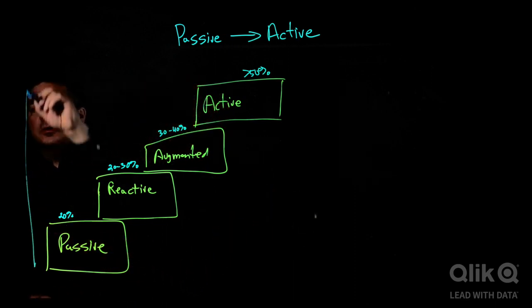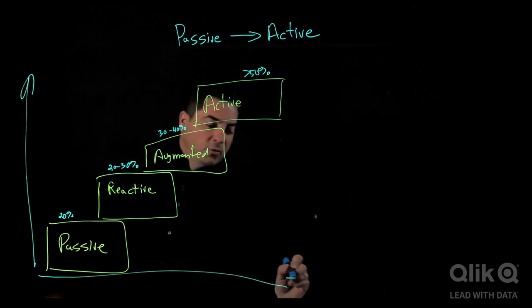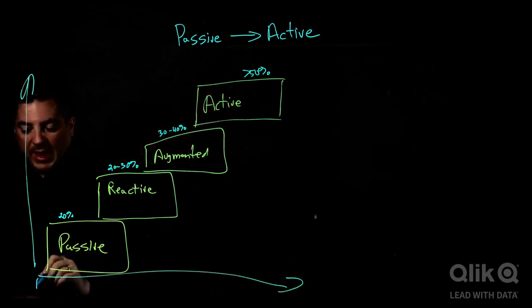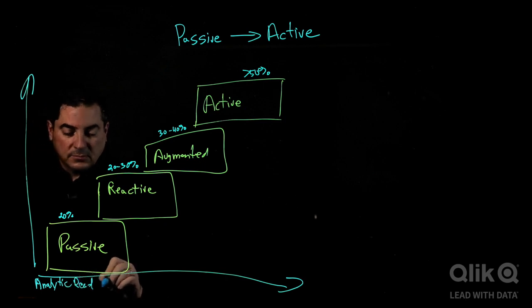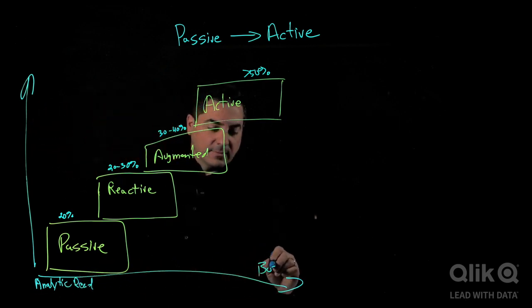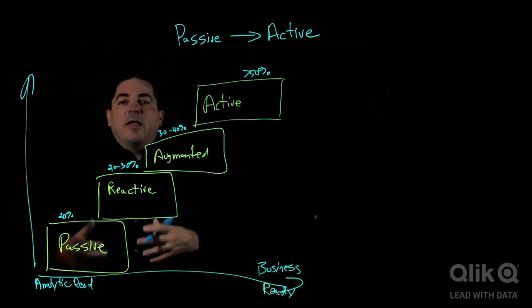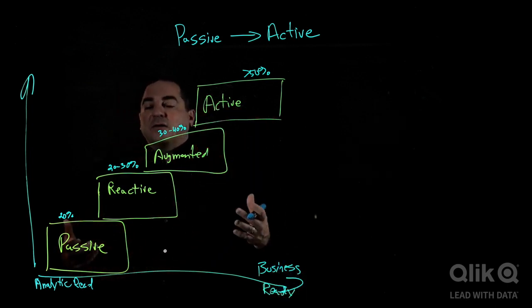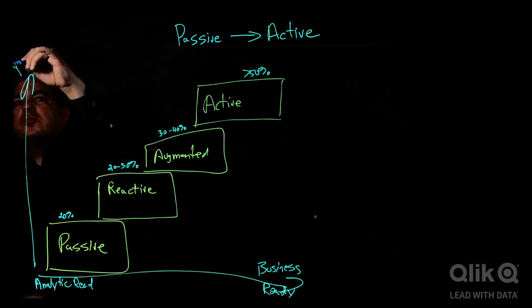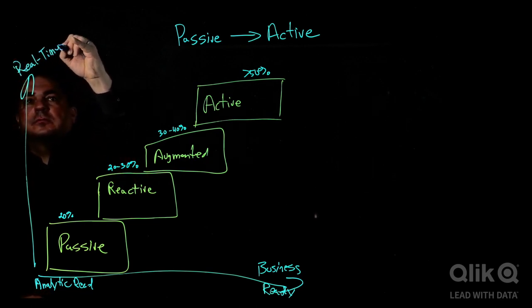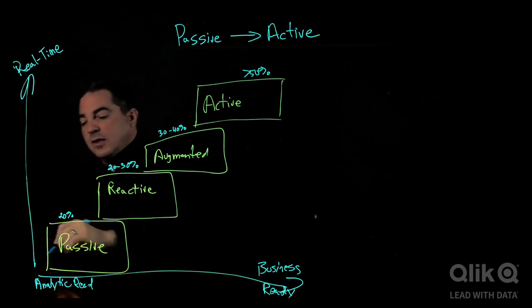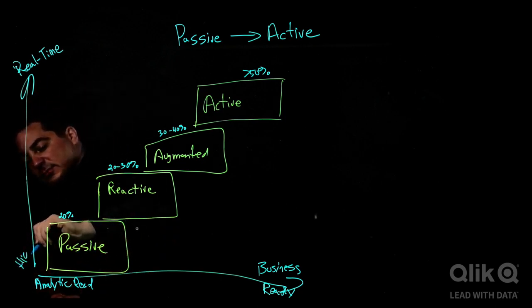So ultimately, what we've done is we've moved from analytics ready to business ready. As we've moved up to be more active in the way analytics are, we've moved closer to real-time decision making, instead of just historic decision making.